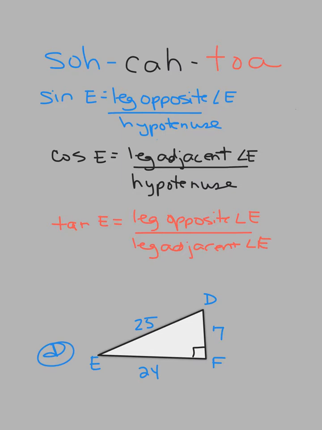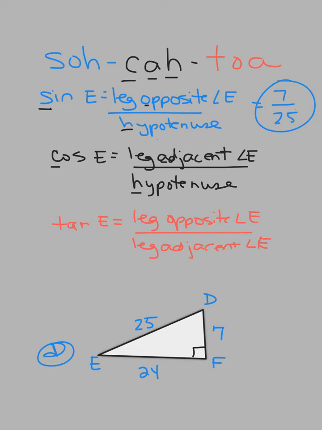That's how we get SOH. It's the S for sine, O for opposite, H for hypotenuse. So when I look at that ratio at E, my leg opposite of E is 7, and my hypotenuse is 25. So that's my first ratio. If I look at cosine of E, again, that's the CAH, C for cosine, A for adjacent, and H for hypotenuse.